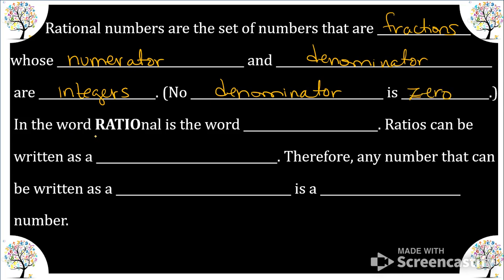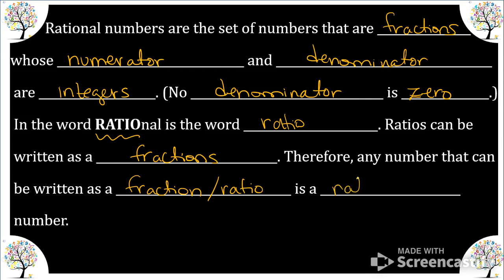In the word rational, we can see the word ratio, which is a way that we can write a ratio like a fraction. So ratios can be written as fractions. Therefore, any number that can be written as a fraction or a ratio is a rational number.